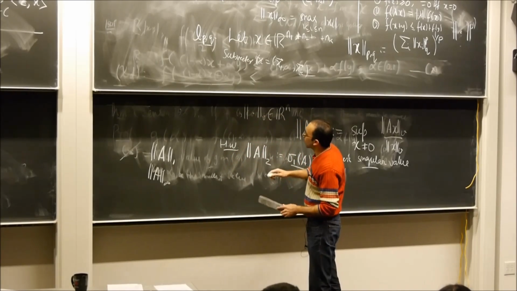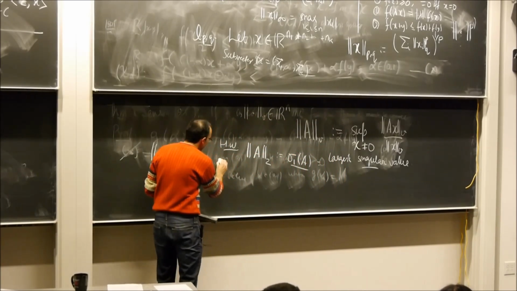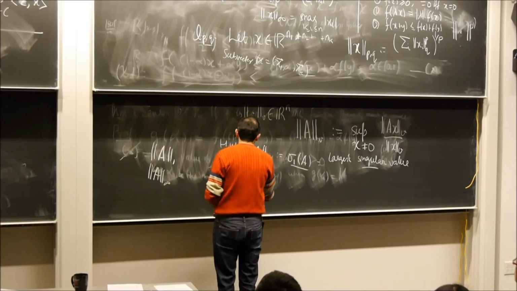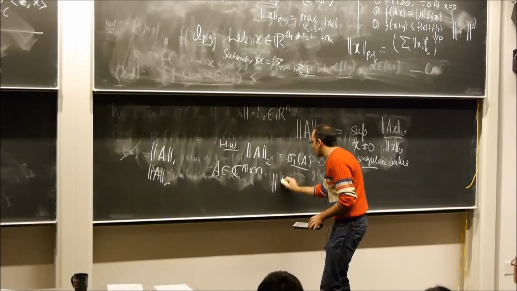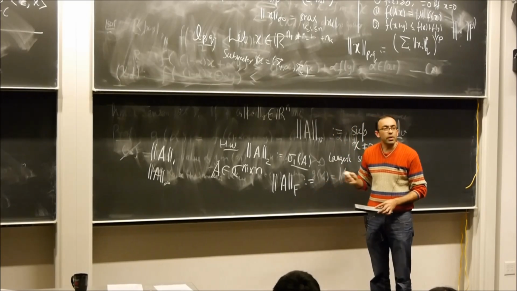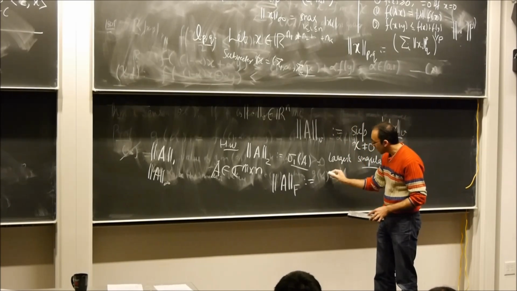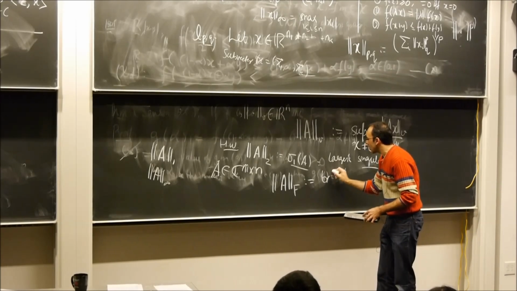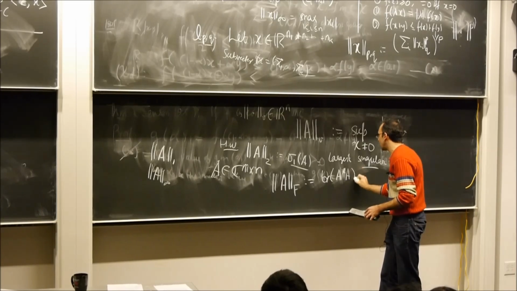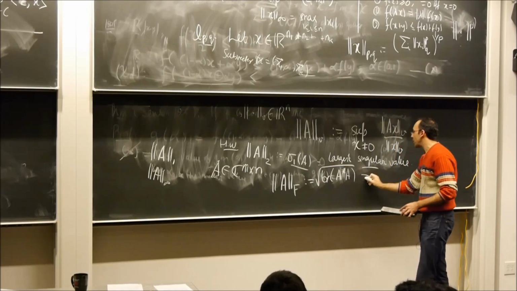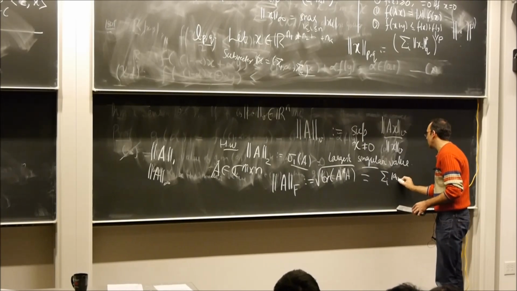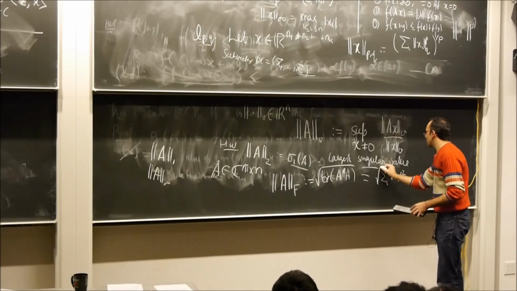Maybe the most common norm, which I forgot to mention here, is, say A is an m by n complex matrix, the so-called Frobenius norm in honor of Frobenius, who was a master of matrix theory. It's just given as the square root of trace of A star A, and why people love it is because you can write it in terms of just the entries.